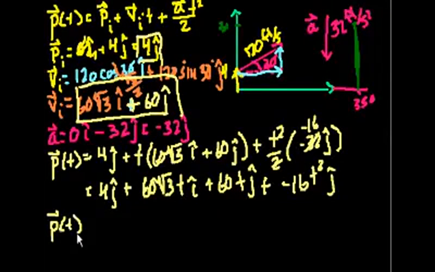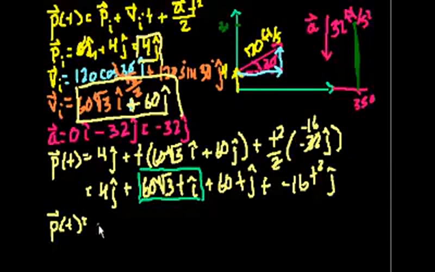at any given time. I'll write, let's say, the x position. So what are the terms that involve i, the unit vector i? Well, there's only one right here. Right? So that's what tells us the x position of the ball. So it's 60 square roots of 3 times t, times i.